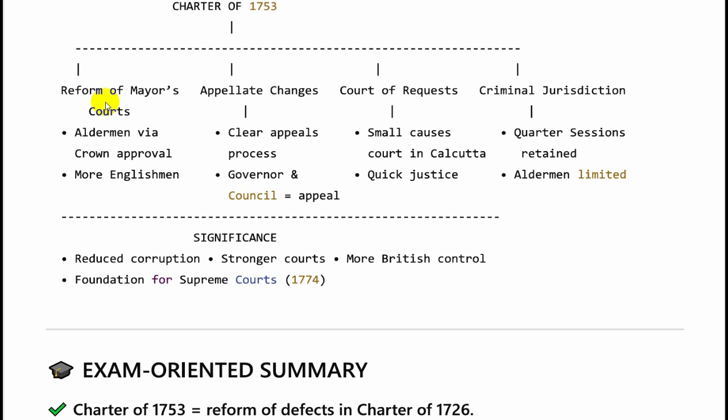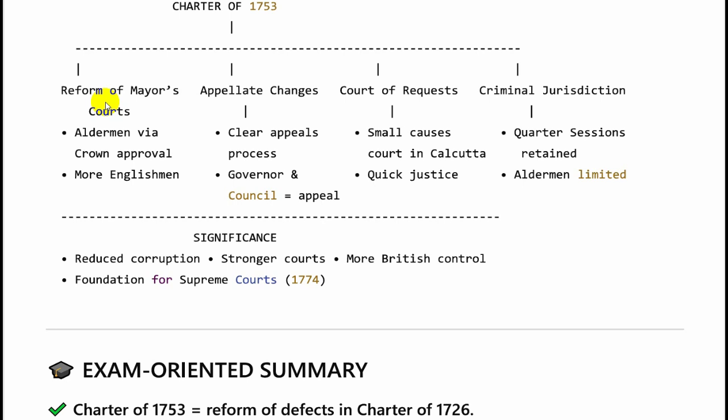It was introduced to provide quick and cheap justice to the local inhabitants as well as to the merchants and traders of the presidency. Criminal jurisdiction was handled by the Court of Quarter Sessions. This was retained from the earlier 1726 charter.